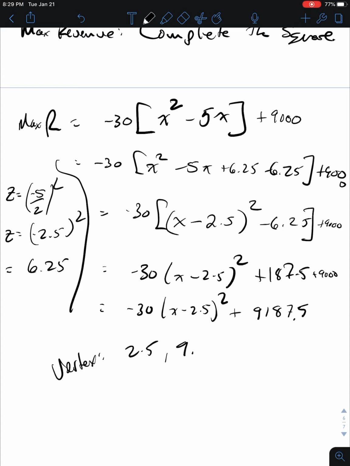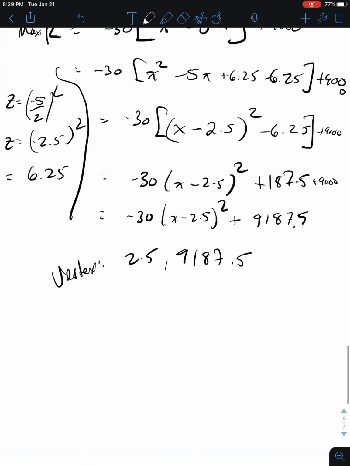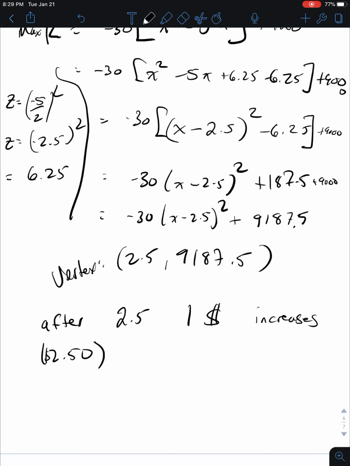Negative 30 times negative 6.25 is plus 187.5. And then plus 9,000. So negative 30 times x minus 2.5 squared plus 9,187.5. Perfect.